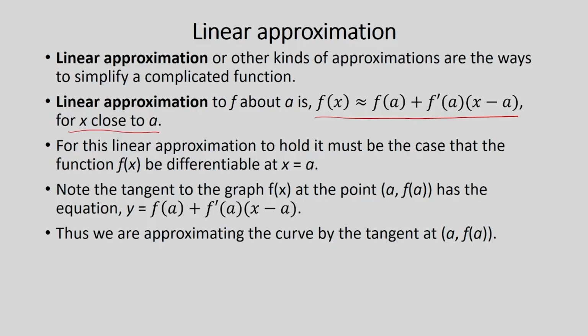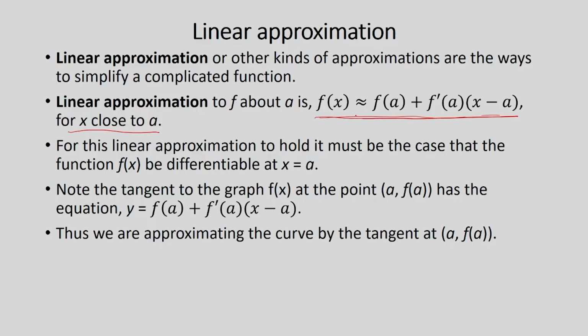So, if you are in the close proximity of this particular value of x, which is small a, then you can predict the value of the function, that is f(x), through this formula.